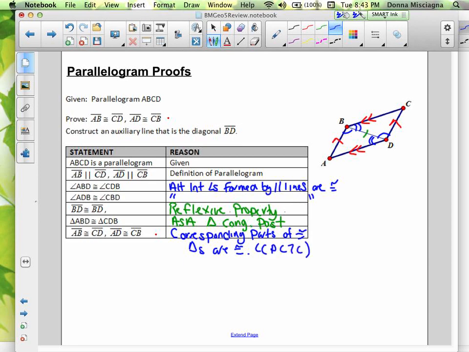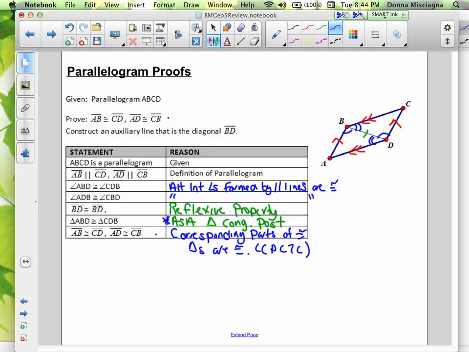If the triangles are congruent, all the corresponding parts are congruent. And remember, you cannot say that until you have stated the triangles are congruent. Right in the step above it, we stated the triangles are congruent. Now we know the corresponding parts are congruent. A very common theme is to prove triangles congruent, because if we can prove triangles congruent, we have other things congruent as well.